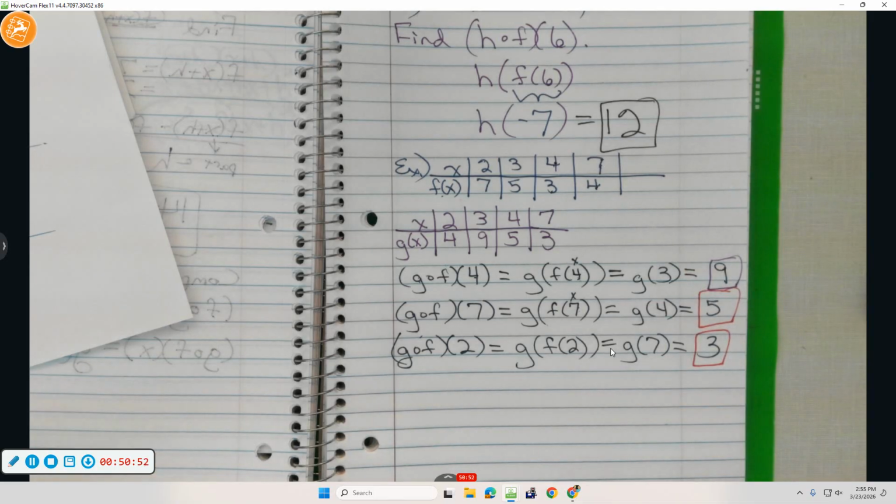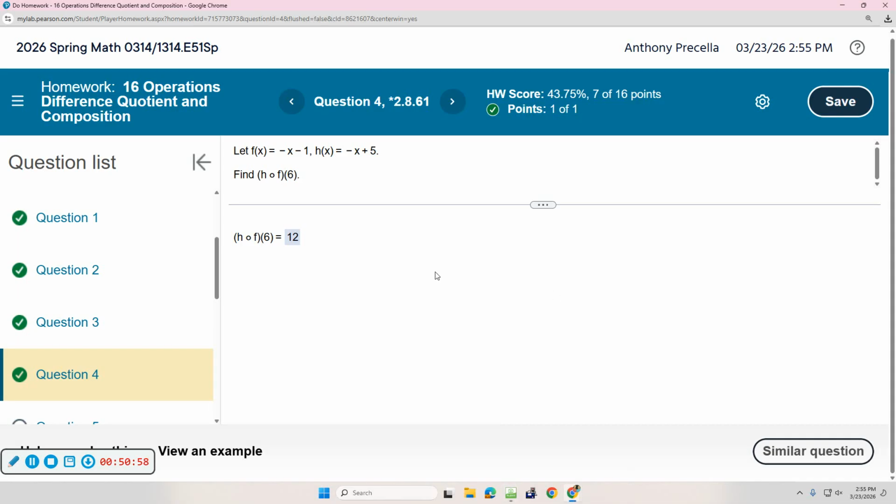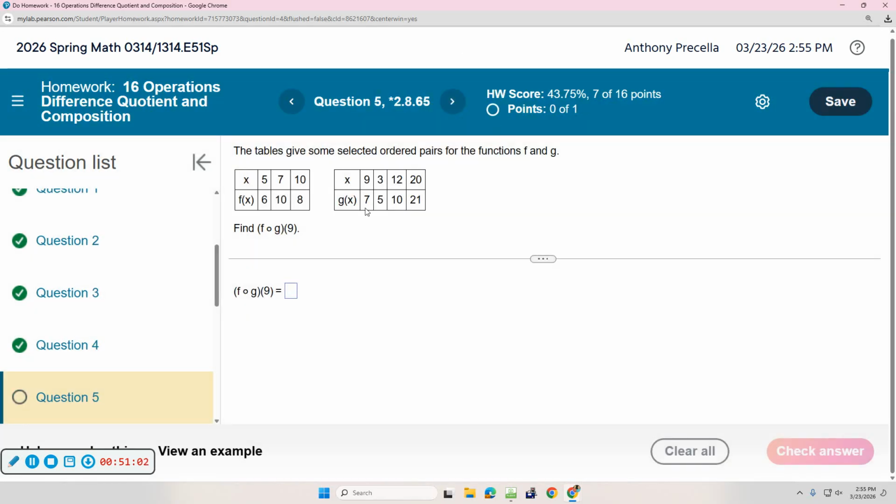If you understood this, you'll be able to tell me what number I'm going to type in for number 5 without me writing anything down. Okay, they give us 2 tables. They ask us to find f of g of 9, F composed with G. Okay, which table are we going to use first? The F table or the G table?